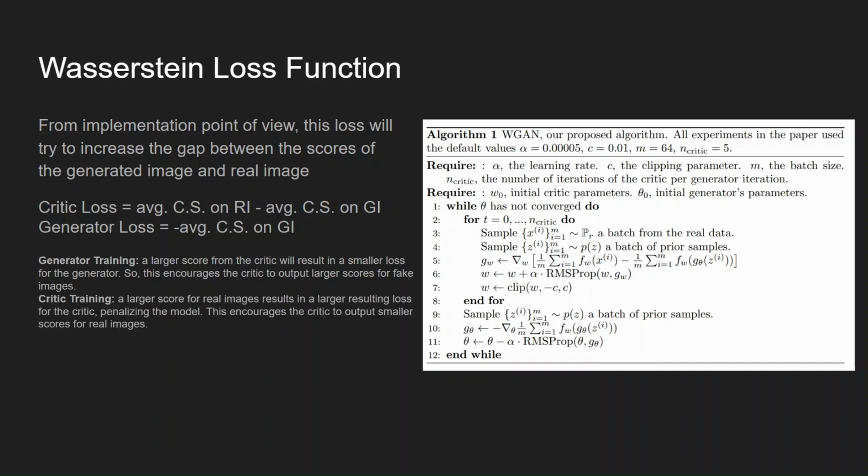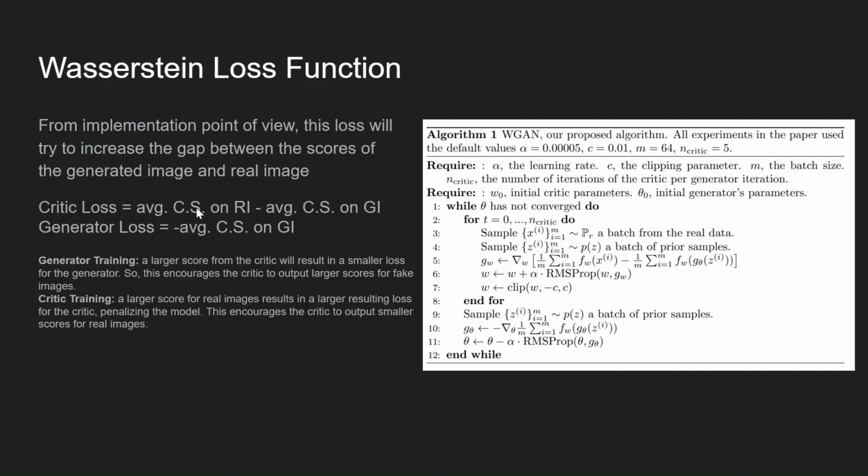In case of training the critic, a larger score for the real image will result in a large loss value, because as you can see in this critic function, we don't have any negative sign with the critic value for the real image. So we are going to keep the critic value of the real image positive. This means if the number is high, the loss is going to be high, so our objective is to keep this number smaller.